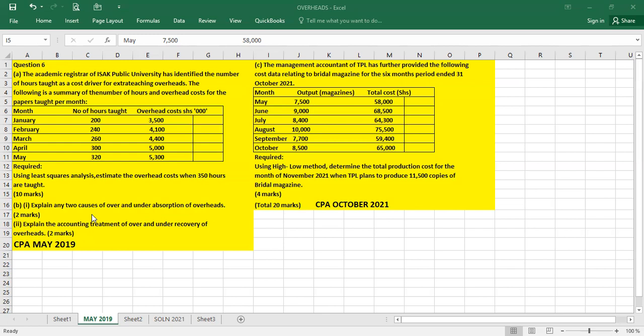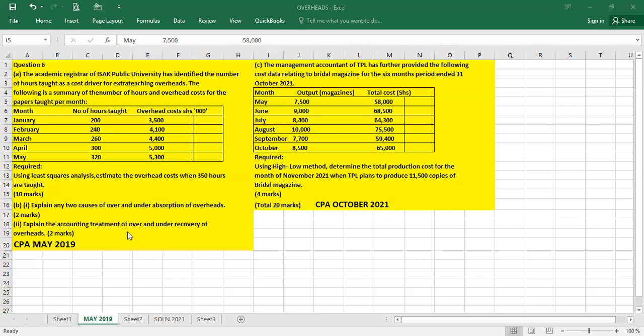And when the actual production takes place, you find that instead of producing the 10,000 units, you have now produced 12,000 units. So there is over absorption of overheads, in the sense that you've used the same amount, which is 10 million, to produce more units than you expected.